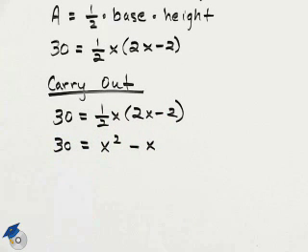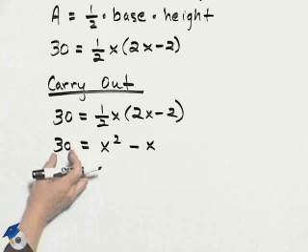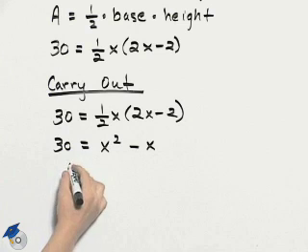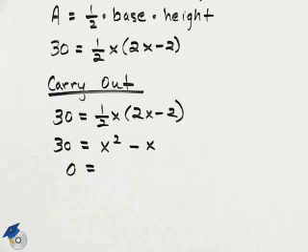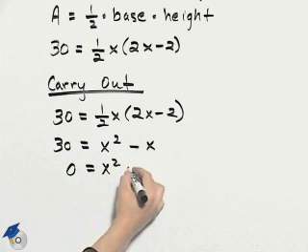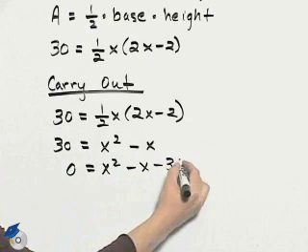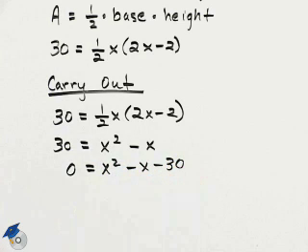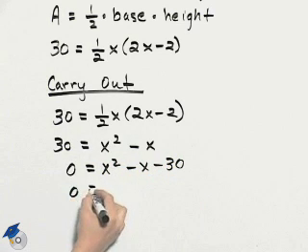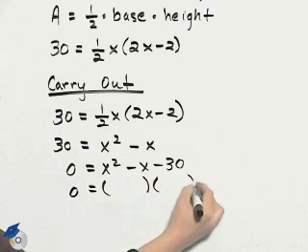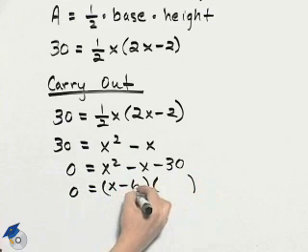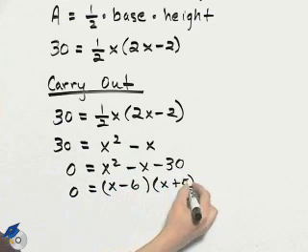I note that I have a squared term, so I'm going to have to get one side equal to 0. The easiest thing to do is to subtract 30 from both sides of the equation, so we'll have 0 equals x squared minus x minus 30. We now need to factor the right-hand side, and when we factor, we'll get x minus 6 times x plus 5.